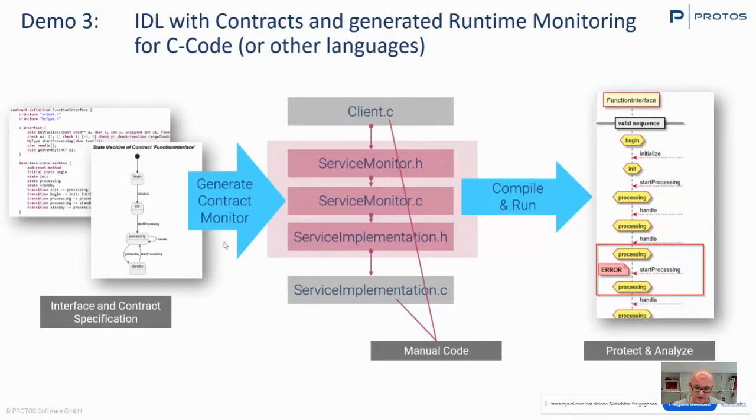You design a middleware and you want to protect it with contracts, but you never know who is going to use this middleware. You have no access to those companies and to those partners or to those developers that actually develop software that uses your interfaces. Or in a machine control environment, who is going to send a job to my machine? So I want to keep complete control over what's going in and out of my system. That's just an idea to give you.